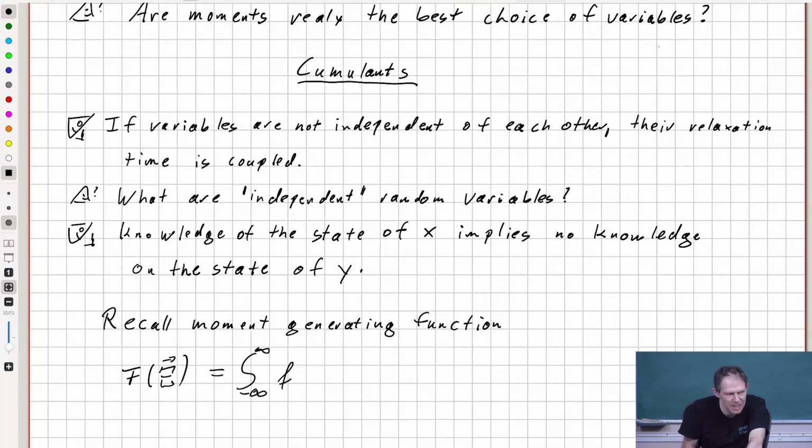You can also write it as a Fourier transform, but then you need some complex variables. It is the same thing here. We integrate over all the velocities e to the power of the velocity, without the minus. So it's actually the inverse Laplace transform, if you are more accurate mathematically, but whatever.